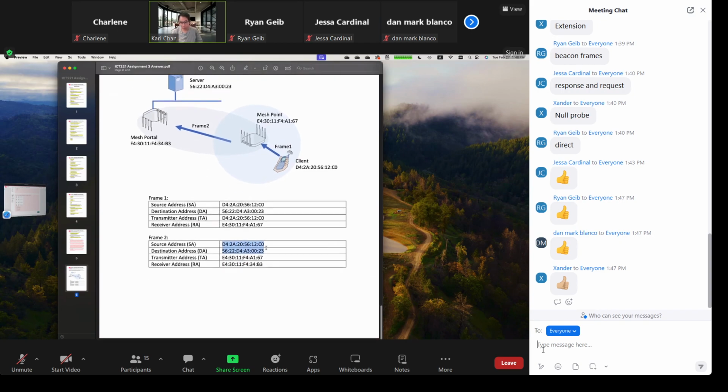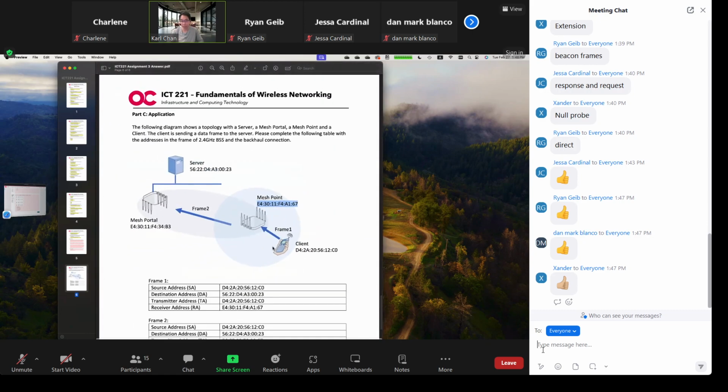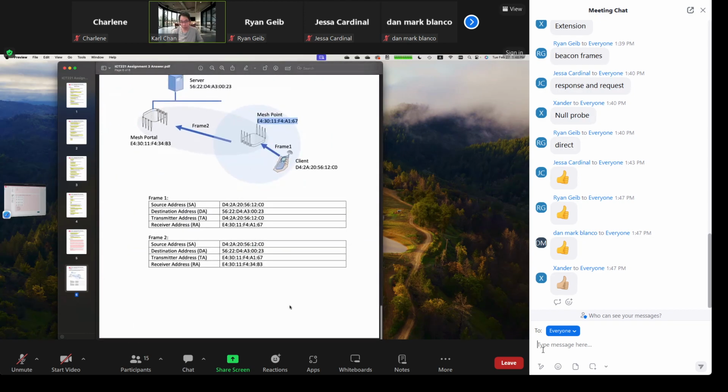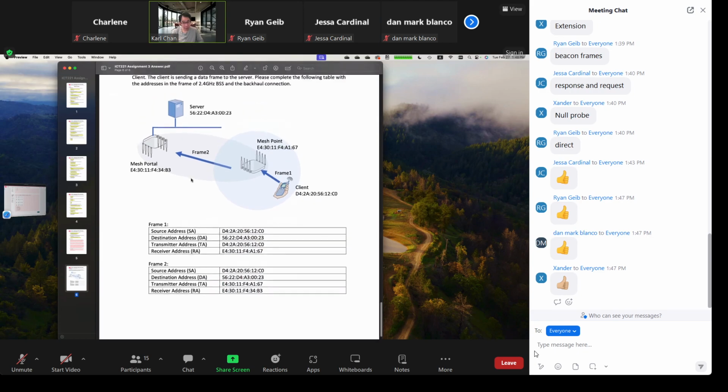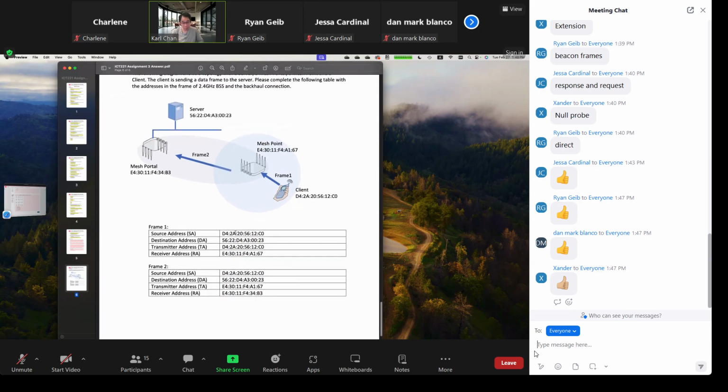So the only change here is the transmitter and the receiver address. The transmitter should be the mesh point, transmitting the data out to the mesh portal. So the receiver is the mesh portal. Is that clear? So this is how we list out the addresses for it.